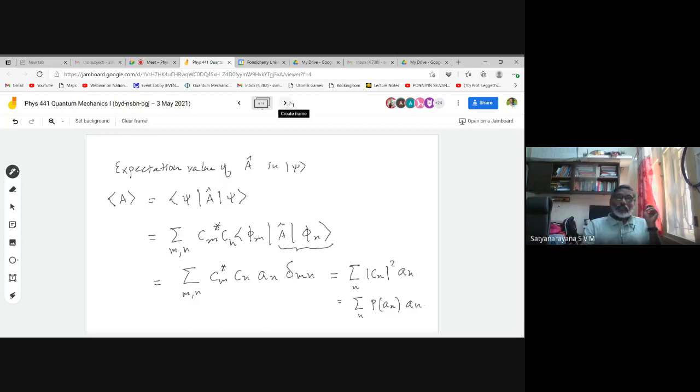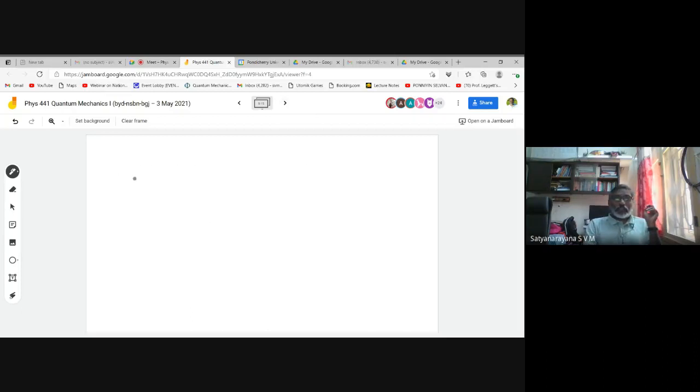Suppose you have a situation where psi is equal to sum over n of Cn phi n, but let us say that the sum over n of modulus Cn square is not equal to 1. That means this is not normalized.